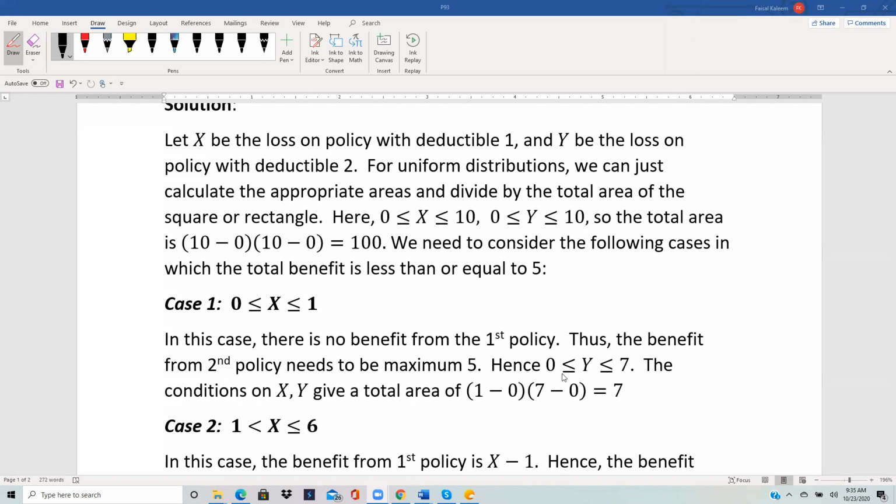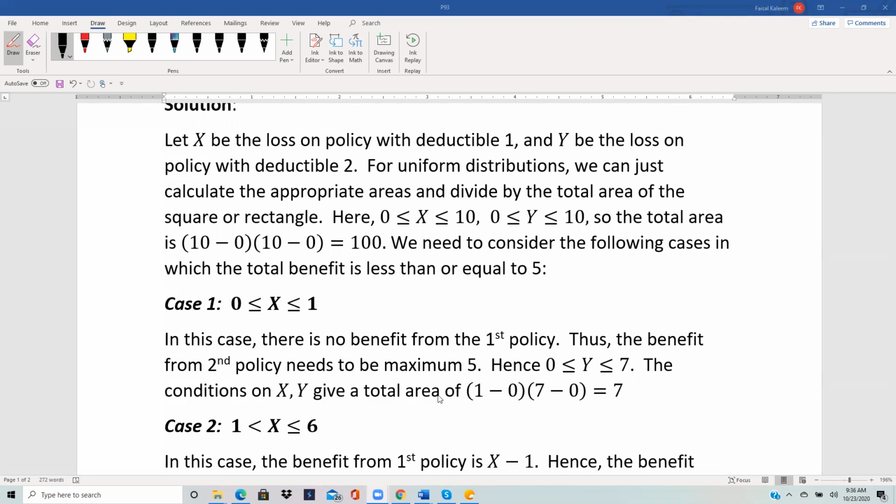So total benefit to be a maximum of 5 means Y has to be between 0 and 7. Remember, Y has a deductible of 2. So if the loss under Y is 7, then the benefit under Y will be 5. If the loss is from 0 to 7, then the benefit will be from 0 to 5 because of the deductible of 2.